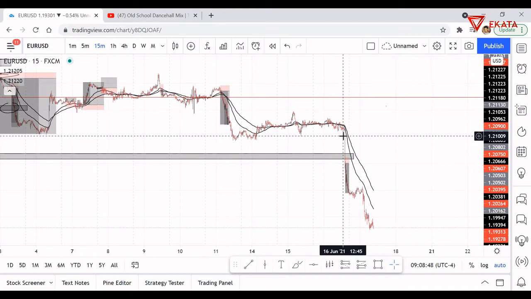The law of inertia says that objects in motion tend to stay in motion, while objects at rest tend to stay at rest, right? The market operates in a similar fashion. Obviously, the market doesn't have mass per se, because it's not necessarily a physical thing, but if the market is in motion, it's a very high chance that it's going to stay in motion. If it's at rest, it's a high chance it's going to stay at rest.